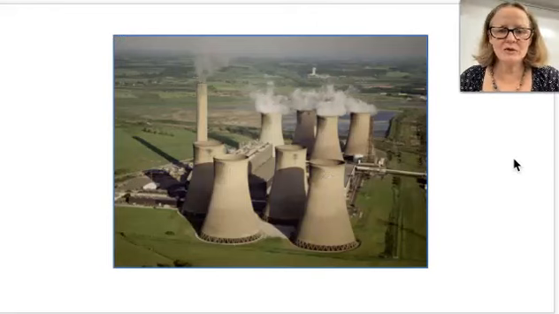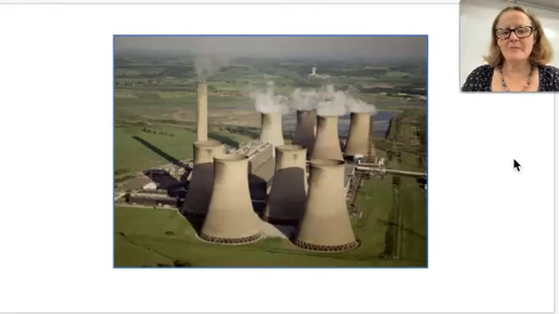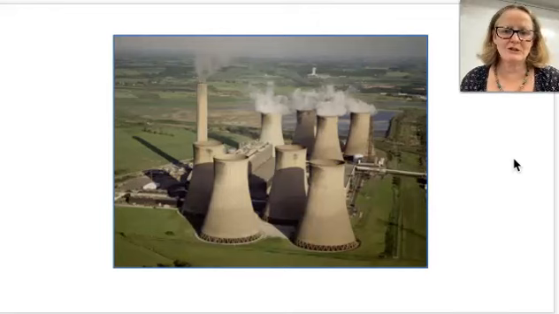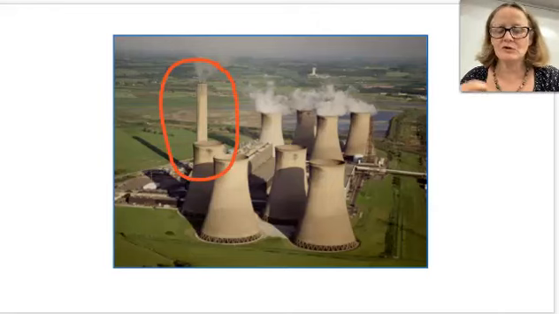This picture shows a coal-fired power station. This is a power station making electricity, and it burns coal to do that. The pollutants we're looking at come out of the tall chimney here. Those pollutants include gases that are able to dissolve in water in the clouds and release very strong acids.